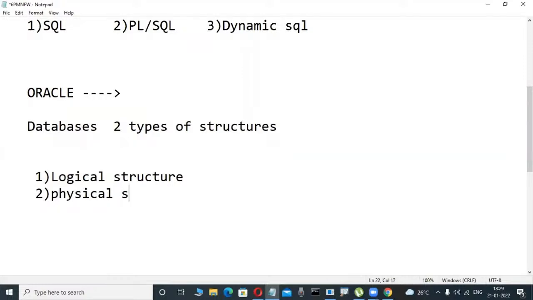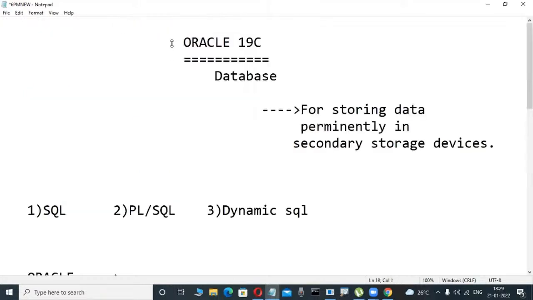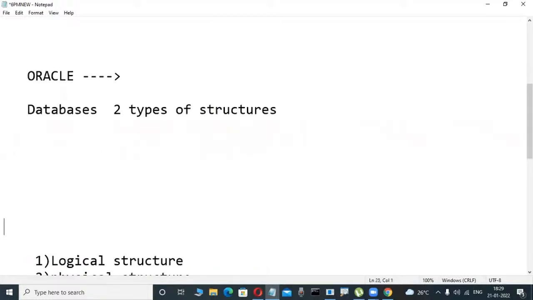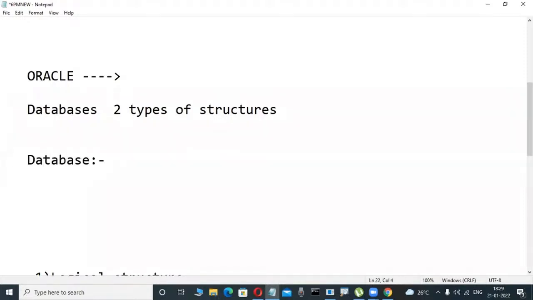Before we go into what the logical and physical structures are in every type of database software, just consider the database definition. In books, so many people write it like this, and today at least you will understand it. What is a database?